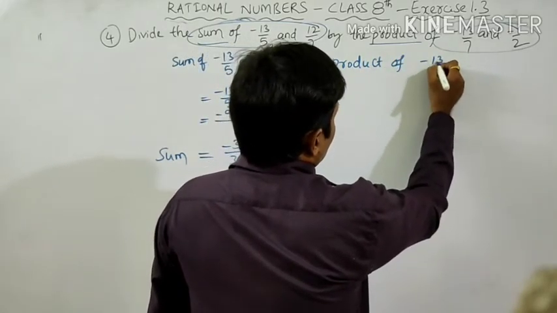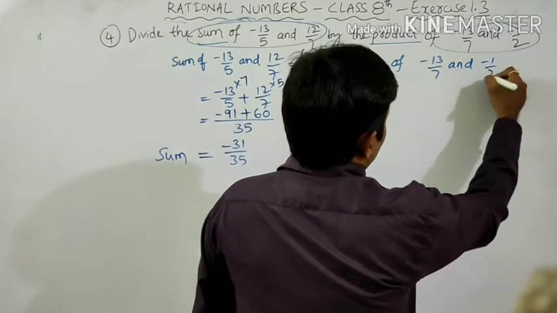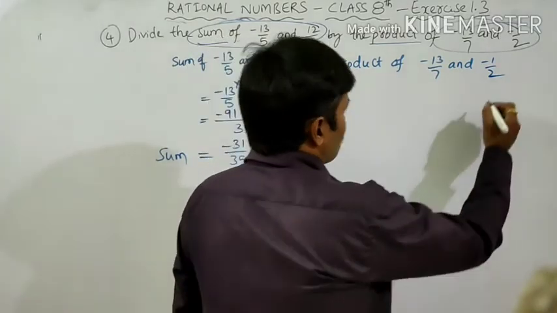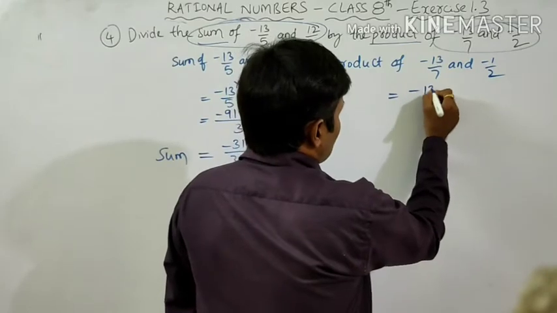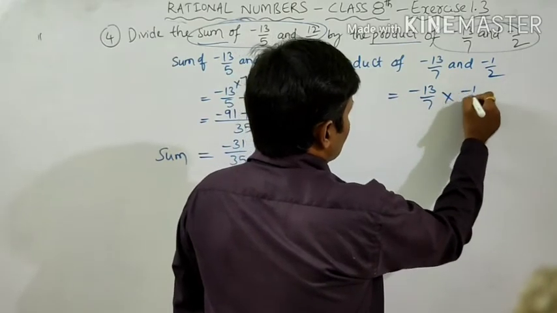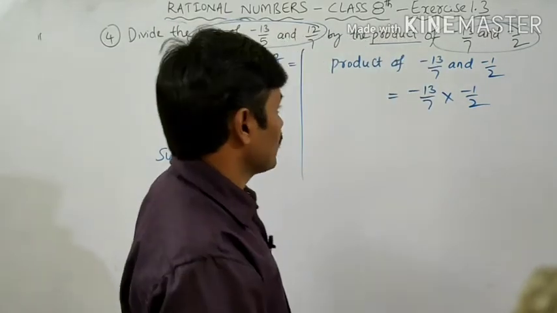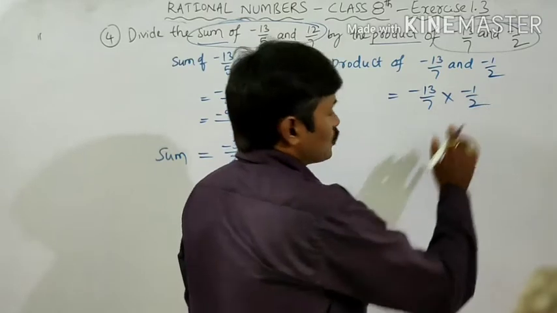Of minus 13 by 7 and minus 1 by 2. Then its product is minus 13 by 7 into minus 1 by 2. While multiplying two rational numbers, you have to multiply numerator into numerator.